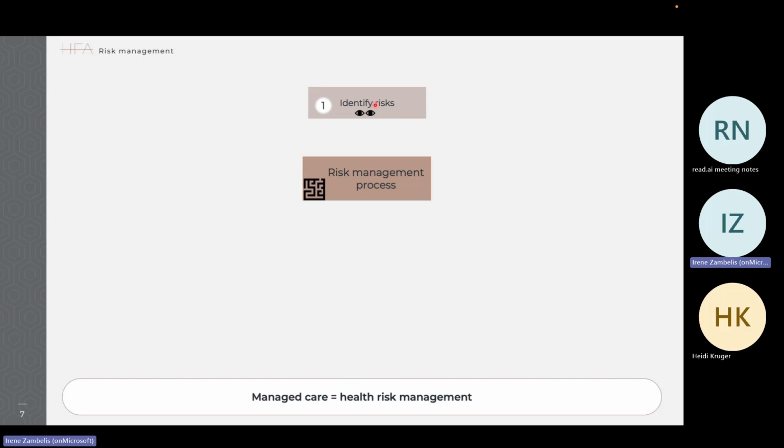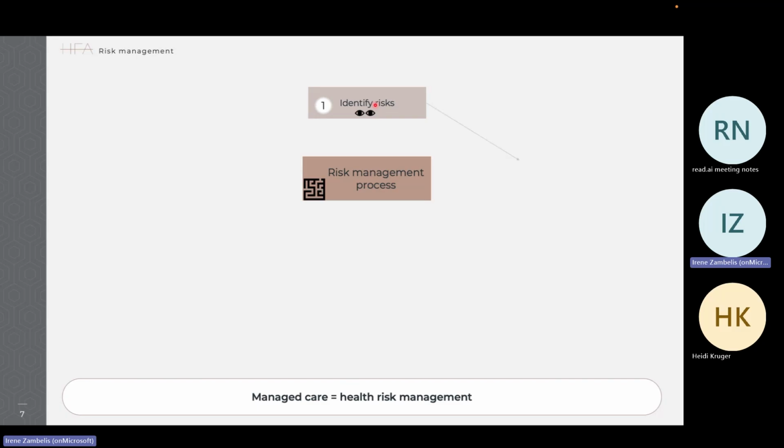You need to understand, because that is the risks they bring, the health risks. You will find that you will be provided with reports that can list what are the top 10 or 20 conditions of your beneficiaries. And that is a very important starting point.